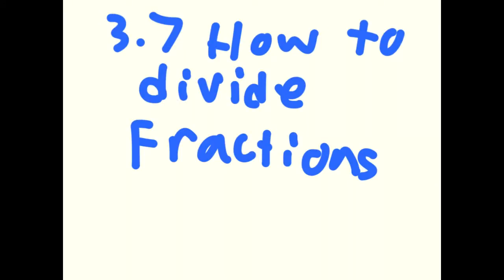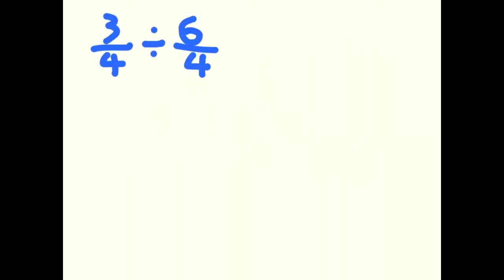Lesson 3.7, how to divide fractions. So let's get into this. 3/4 divided by 6/4. So basically what we're going to do is KCF, Kentucky Chicken is Fried, as I like to call it, or keep, change, flip.